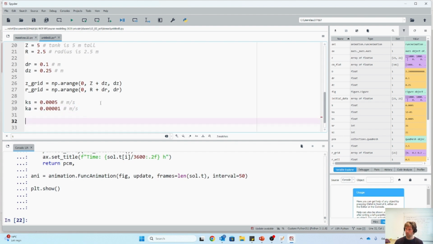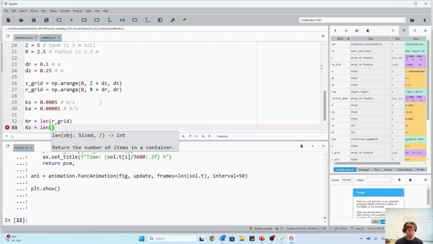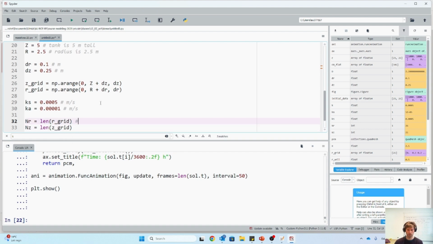Then, for our own intuition later, we will make nr, which is the length of the grid, and nz. This will come in handy later and corresponds to the number of nodes in each dimension.